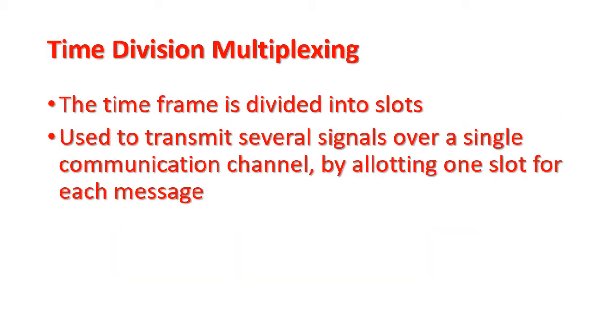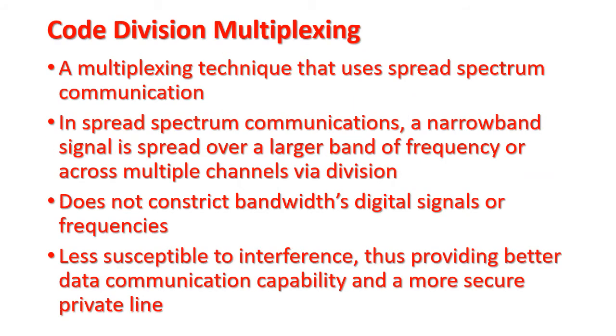Time division multiplexing. In time division multiplexing, the time frame is divided into slots. This is done to transmit several signals over a single communication channel by allotting one slot for each message. Code division multiplexing. This is a multiplexing technique that uses spread spectrum communication.